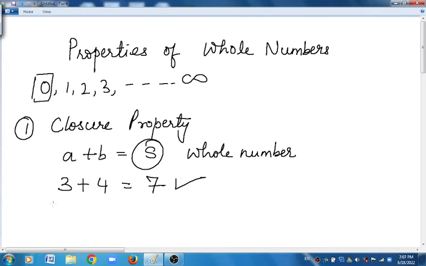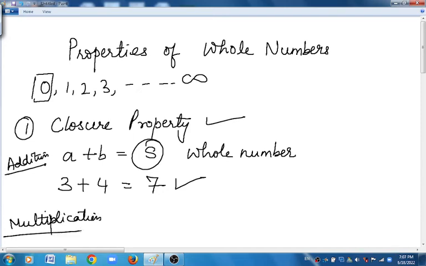Similarly, we check this closure property on multiplication, as we have checked it for addition. According to this property, if we are multiplying two numbers a into b, the product should be a whole number only.